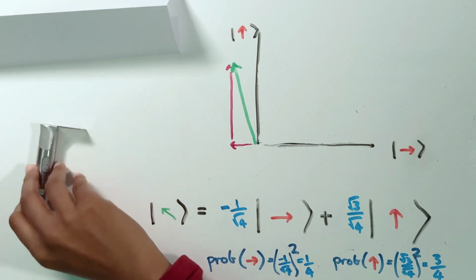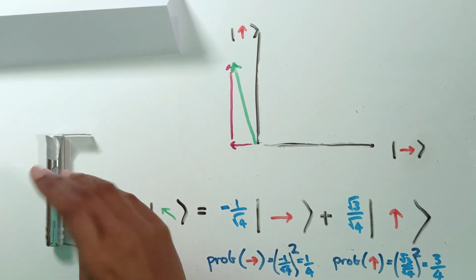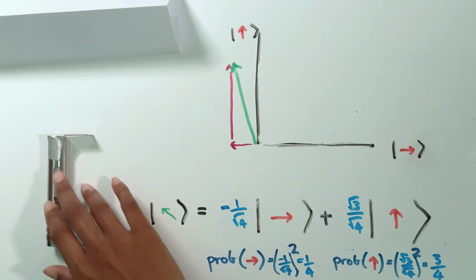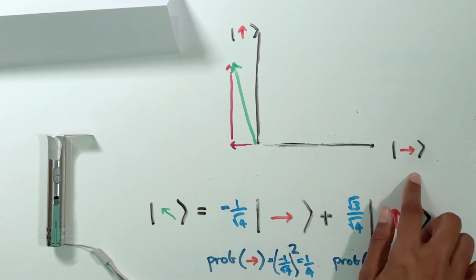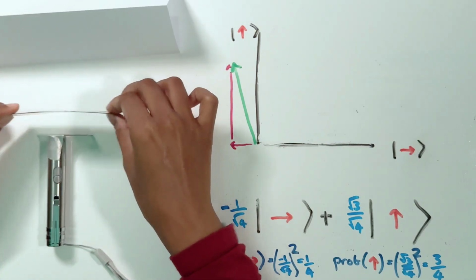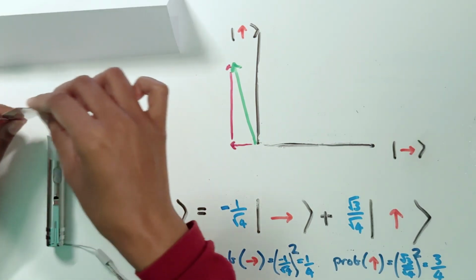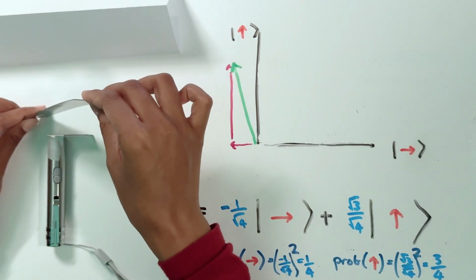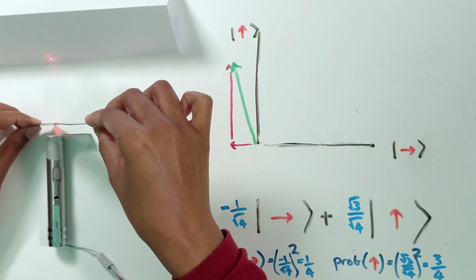Let's say that we actually started off with this state, so that is the horizontal state, and then we choose to measure it not in a horizontal or vertical direction, but at some angle like this. Now what's the probability that this light will go through? Well, again, we're going to write our state as a superposition.